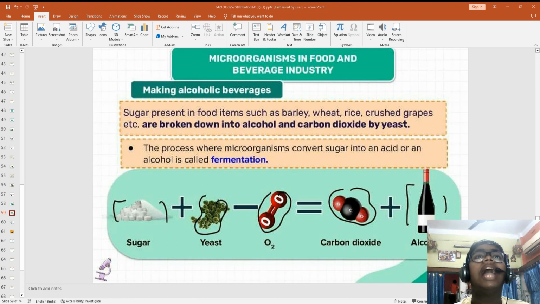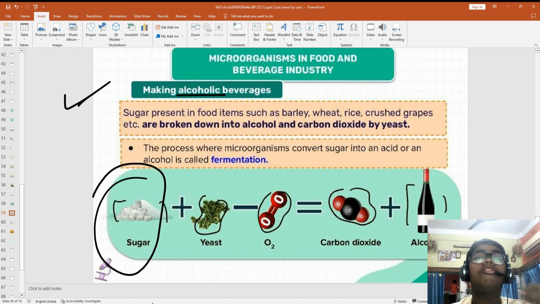Okay, making alcoholic beverages. Alcoholic means the alcohol, right? So sugar, what does sugar do? Sorry, what does yeast do?